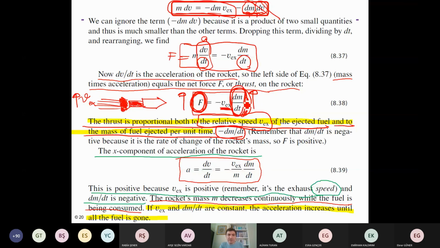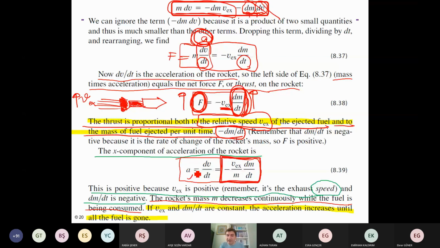So here we have a, look at this one. If I take this a, then I can get this expression. This is the acceleration of the rocket, okay? Acceleration of the rocket, very important formula. So this acceleration is positive.